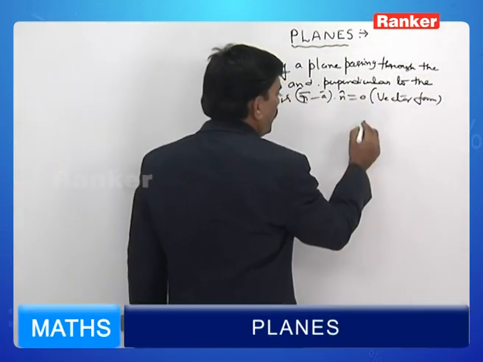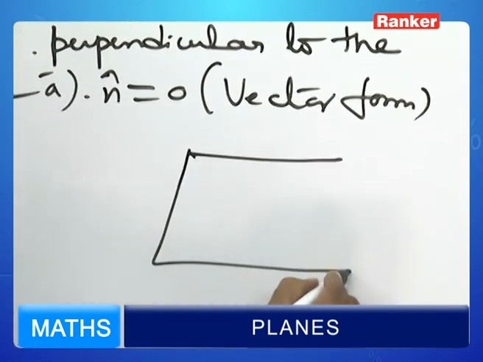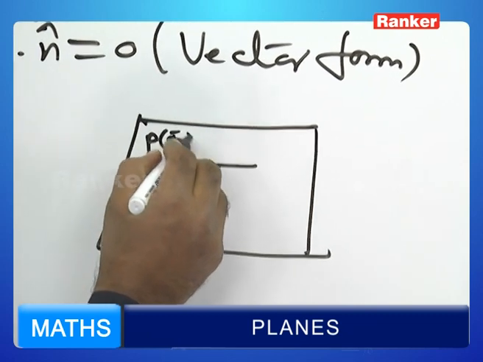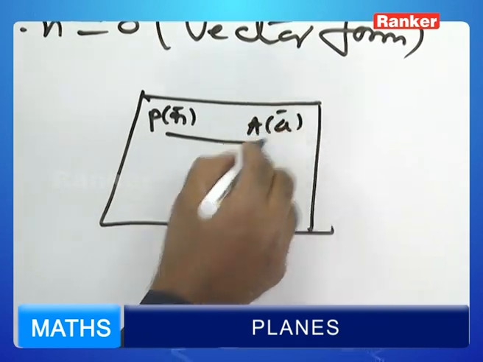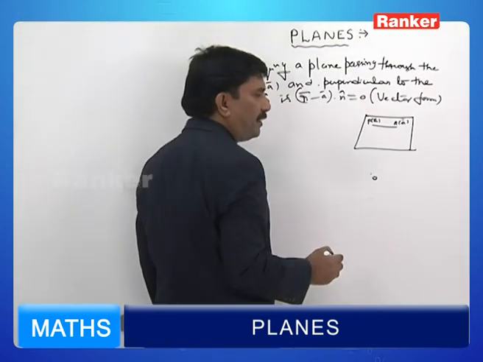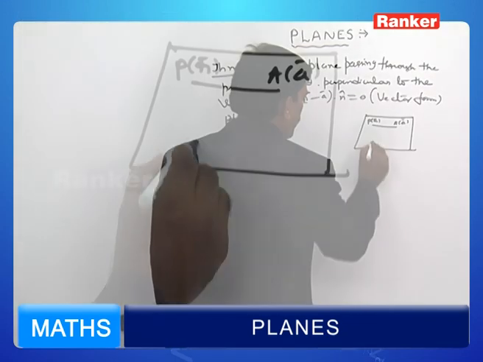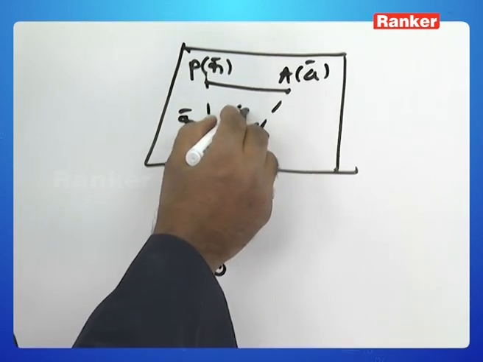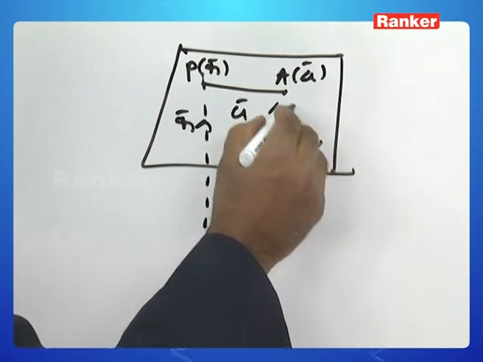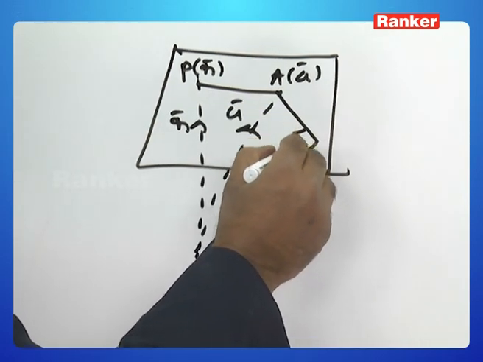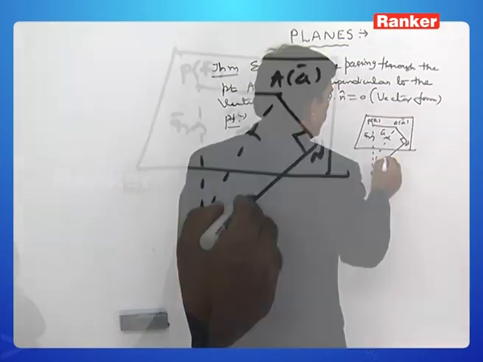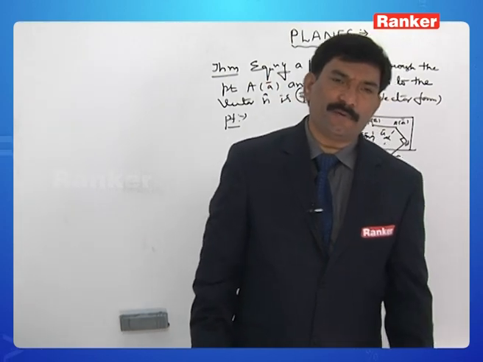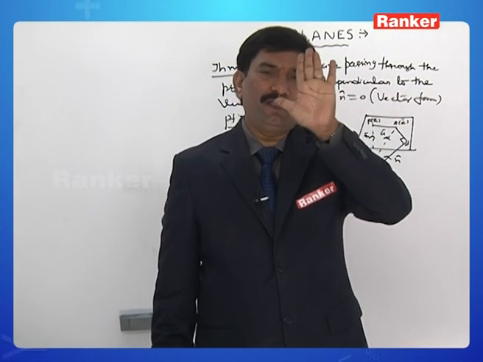If we take this one as a plane, this is a plane passing through the point, this is P of r bar, this is A of a bar, this is the what? Position vector, O origin. The position vector of P is r bar. The position vector of A is a bar. And this is the unit vector perpendicular to plane. Let it meet the plane at N. Therefore, ON bar is equal to n cap.